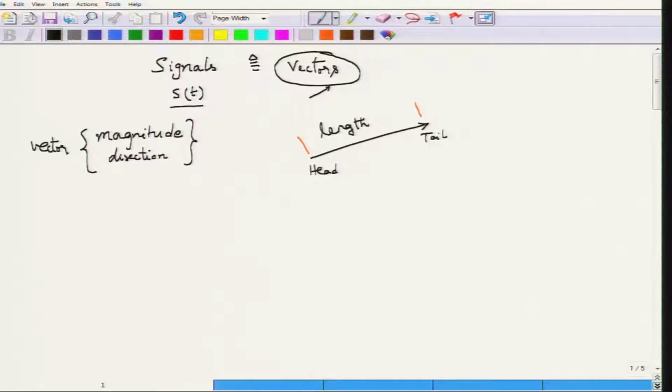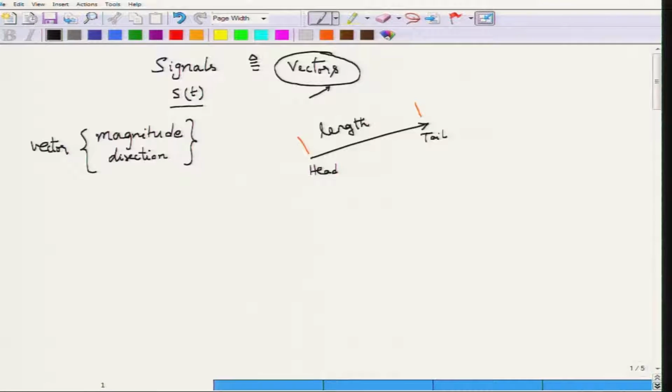So, we can have a graphical or visual representation of a vector in which we specify the head and the tail, and the distance between these two points is called the length of the vector.